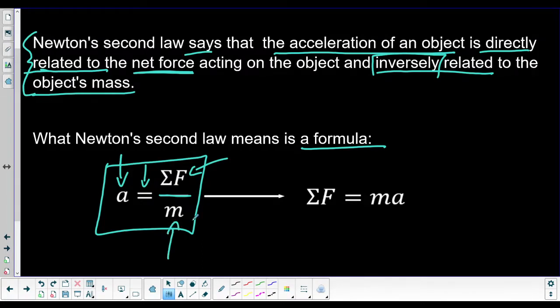Make sense? Okay. So basically it says the bigger the net force, the bigger the acceleration, but the bigger the mass, the smaller the acceleration. Because when you make the bottom of a fraction bigger, the number gets smaller, right? Dividing by a bigger number makes stuff smaller.